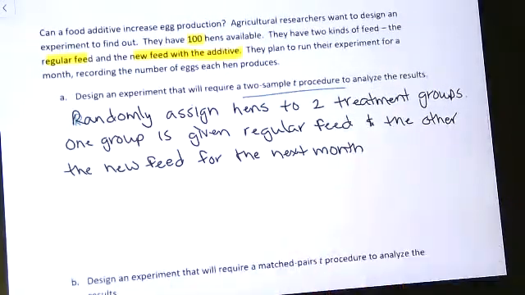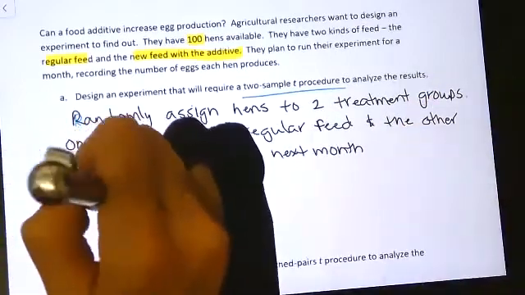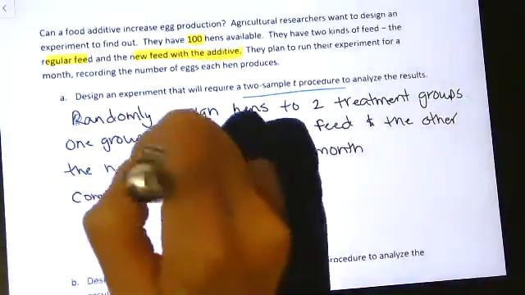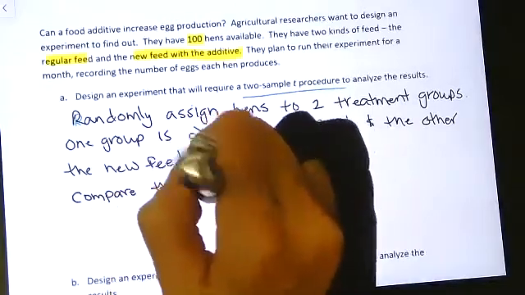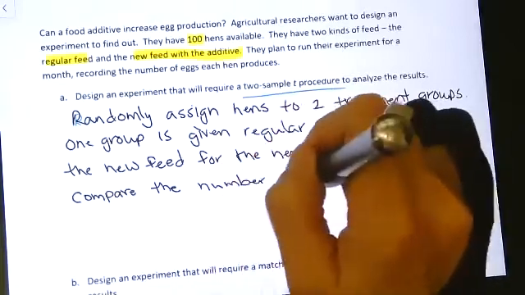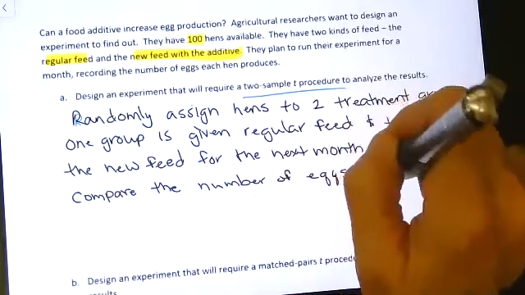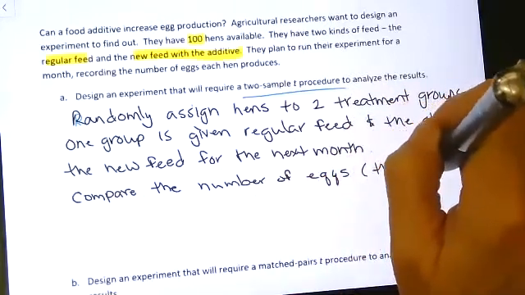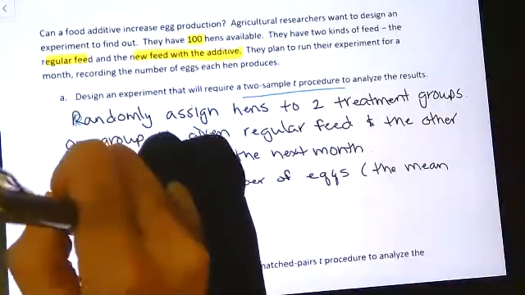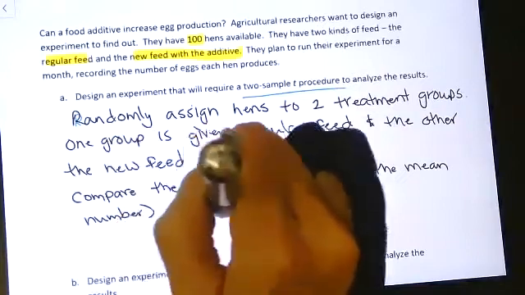And then at the end of the month, what we're interested in is the number of eggs that are produced by the two different groups. So compare the number of eggs, which really we would be looking at the mean number for each group.